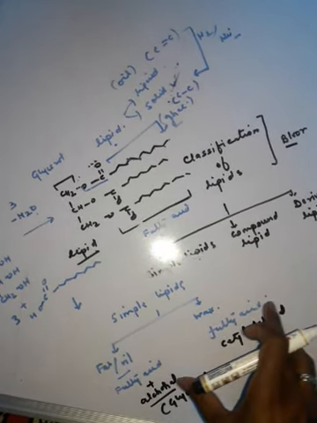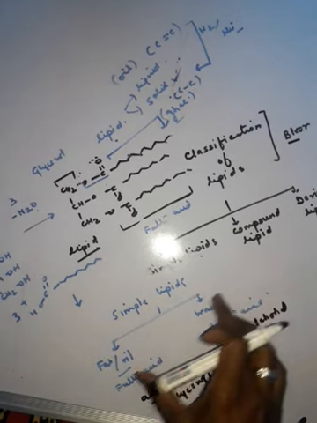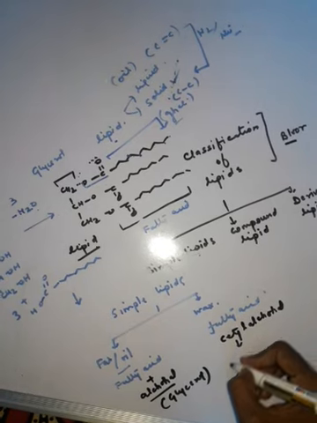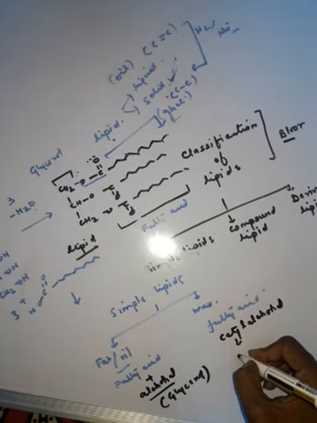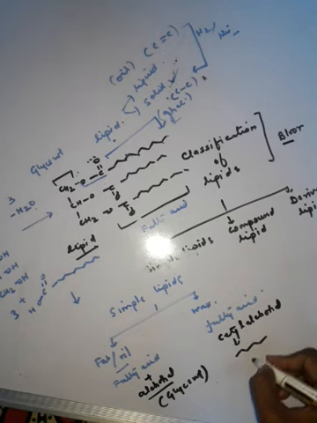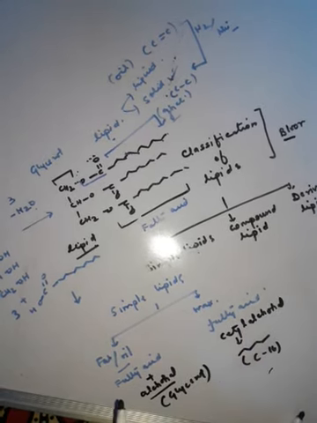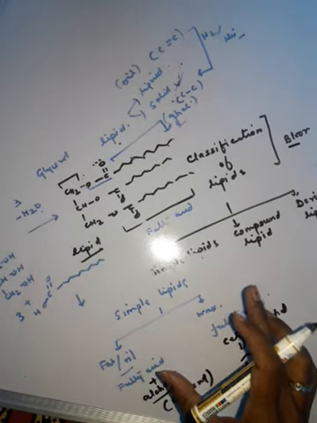So it is the simple difference between fats and waxes. Cetyl, actually what is cetyl? You should also know about cetyl. It is a long chain of carbon and hydrogen, and the number of carbon is 16. So it is the simple lipid.